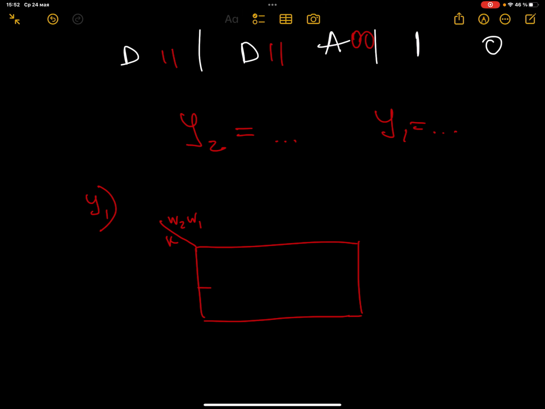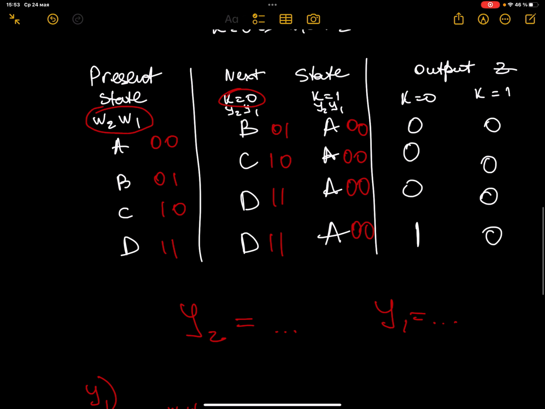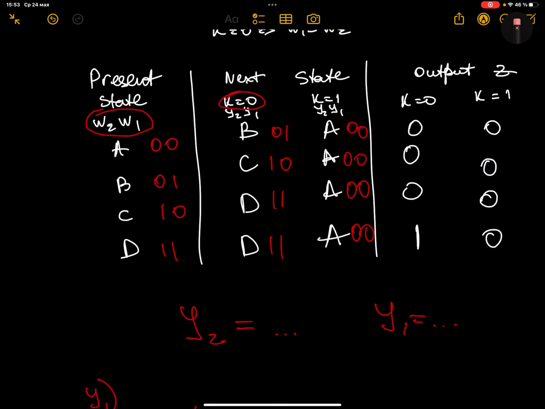So we have 2 values of K, 0 and 1, and 4 cases for W2 and W1: 0 0, 0 1, 1 1, 1 0. So I'm copying the values. When K is 0 and W2, W1 is 0, our Y1 is 1, right?